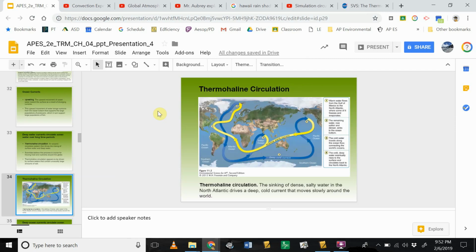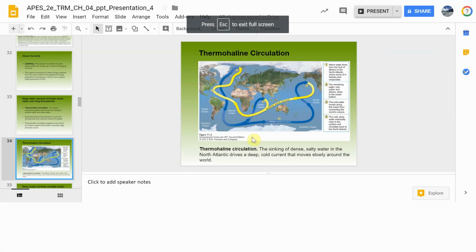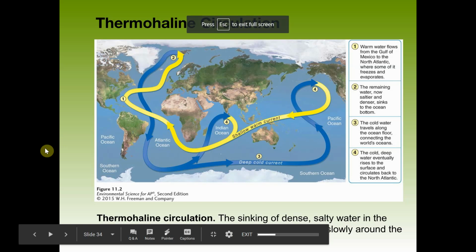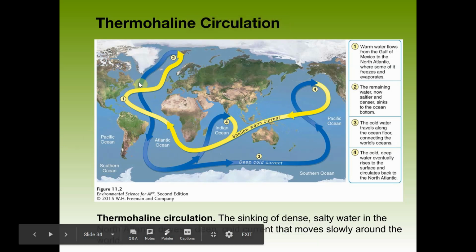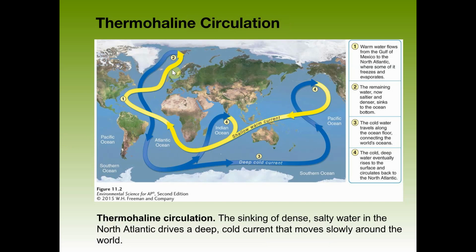And so basically here is the thermohaline circulation. The gist is that we have warm waters from the Gulf of Mexico flow to the North Atlantic, where some of it freezes and evaporates. Since some of it froze or evaporates, and salt doesn't freeze and salt doesn't evaporate, that means there's more salt left over in the liquid water.